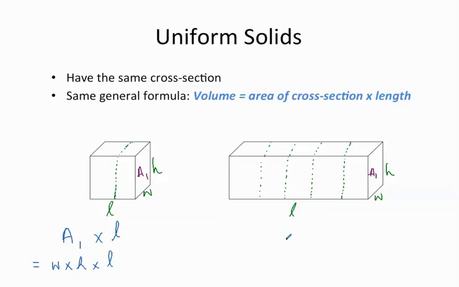If we look at that rectangular prism, we can take that same formula. So A1 multiplied by the length of that prism. So A1 again is width multiplied by height, multiplied by the length, and that's going to give you the volume.